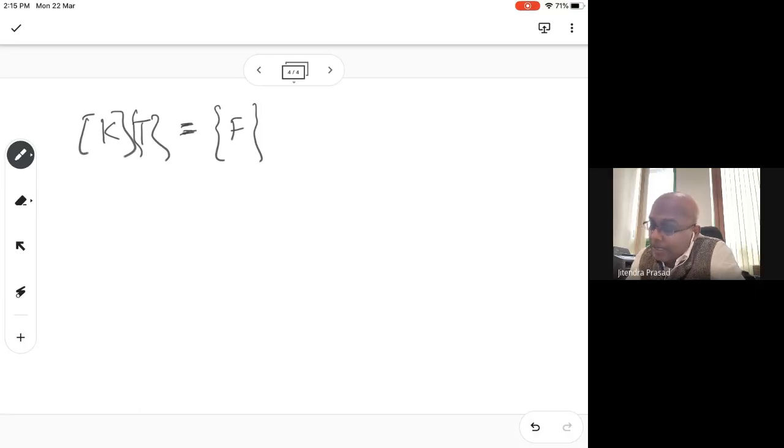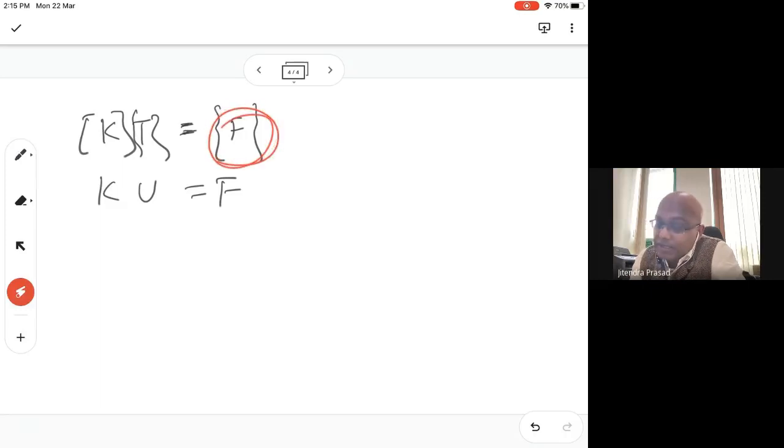So this is similar to K times U equal to F. Then everything that comes here will be positive from your sense. So look at the equation. If you have any confusion, always look at the equation. What does it say?